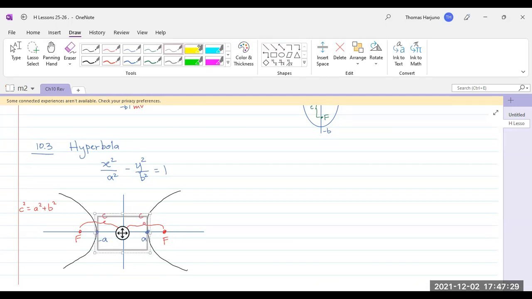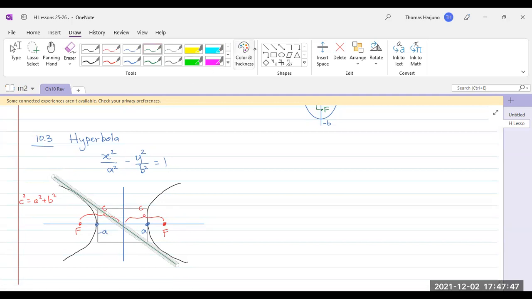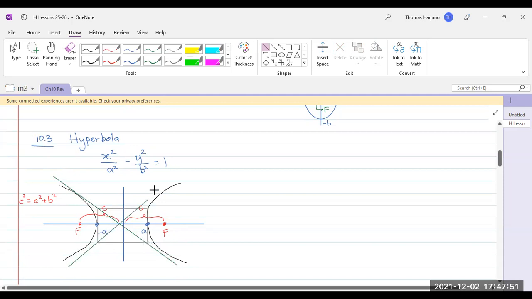Let me draw that rectangle. Let me use green. So if we connect the diagonal corners of the auxiliary rectangle, then we will get these asymptotes here. Of course, my graph is actually not good though.